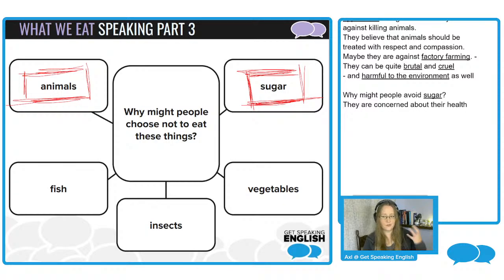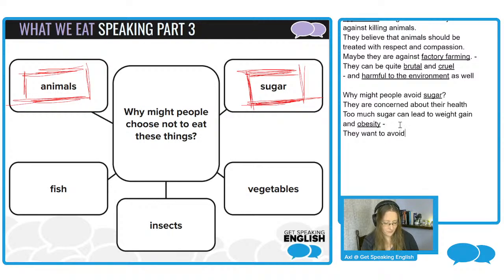Because I suppose too much sugar can lead to weight gain, right? And obesity, I suppose, right? So basically being way too overweight, right? The disease of being too overweight. It's bad for the teeth as well, you know.